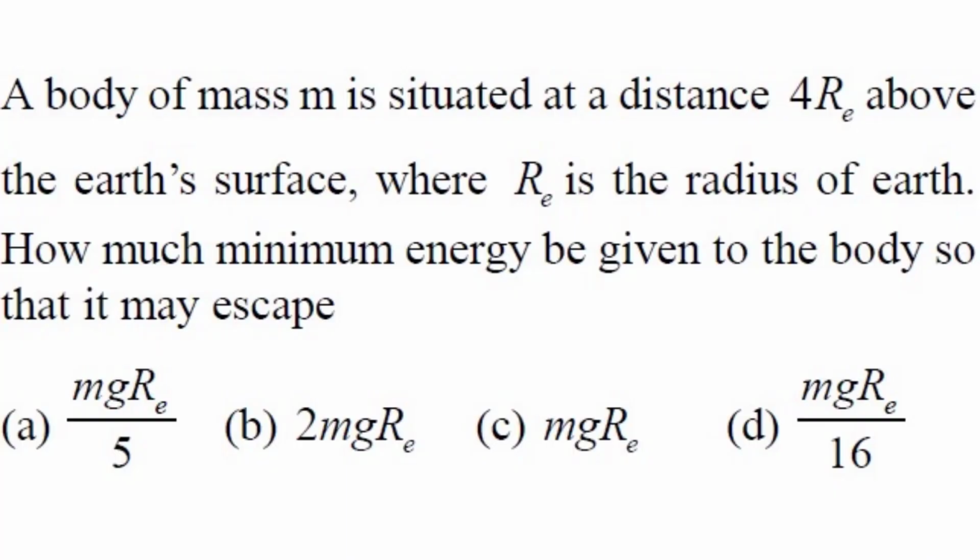A body of mass m is situated at a distance 4RE above the Earth's surface, where RE is the radius of the Earth. How much minimum energy must be given to the body so that it may escape?